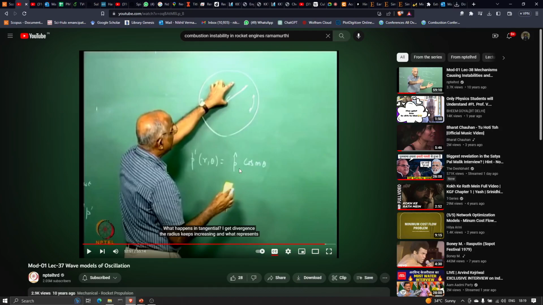Let us look into this derivation now. So we have a combustion chamber. What we are interested in here is how the pressure changes with time.